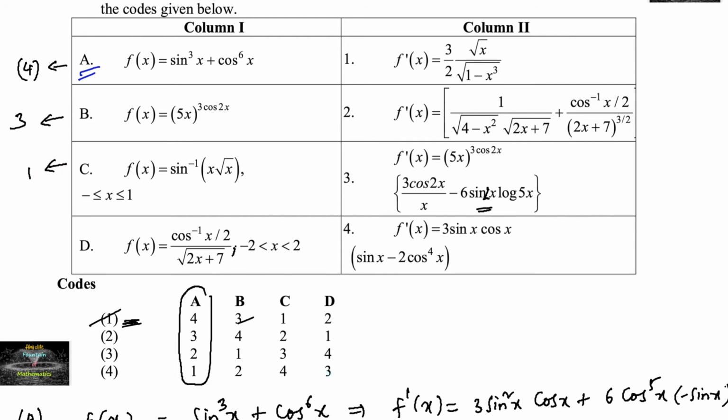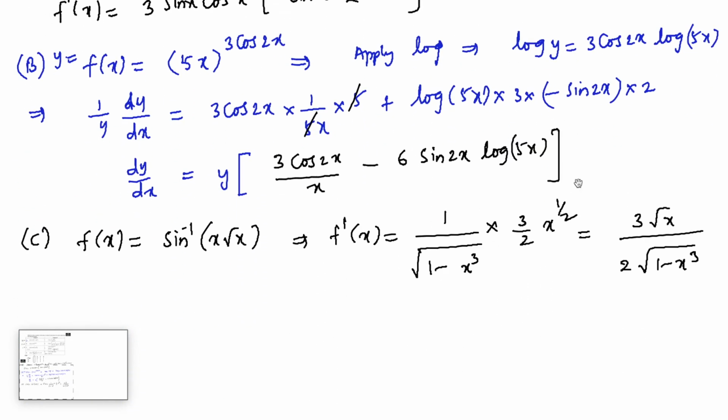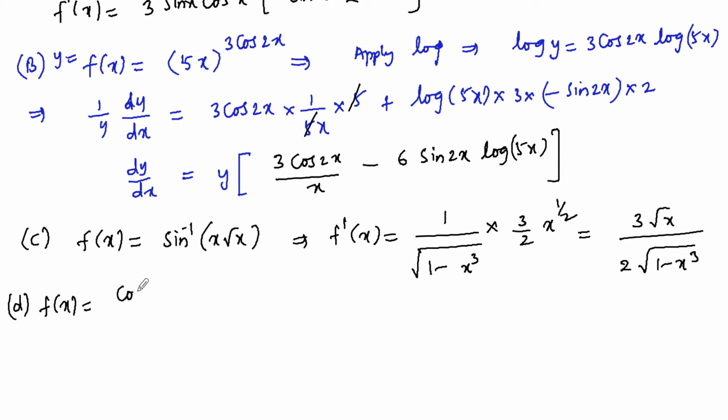And coming to the last, d, f of x is equal to cos inverse x by 2 divided by root over 2x plus 7, for minus 2 less than x less than 2.